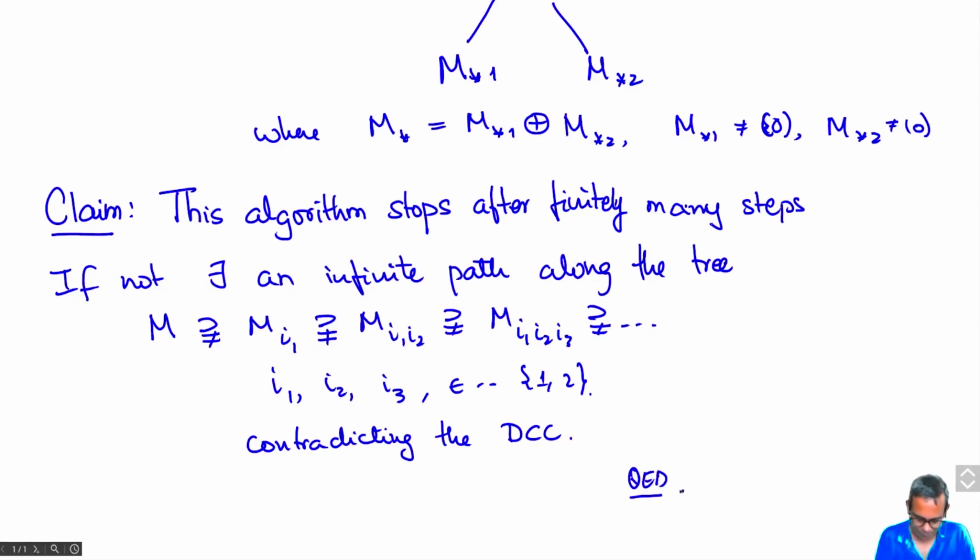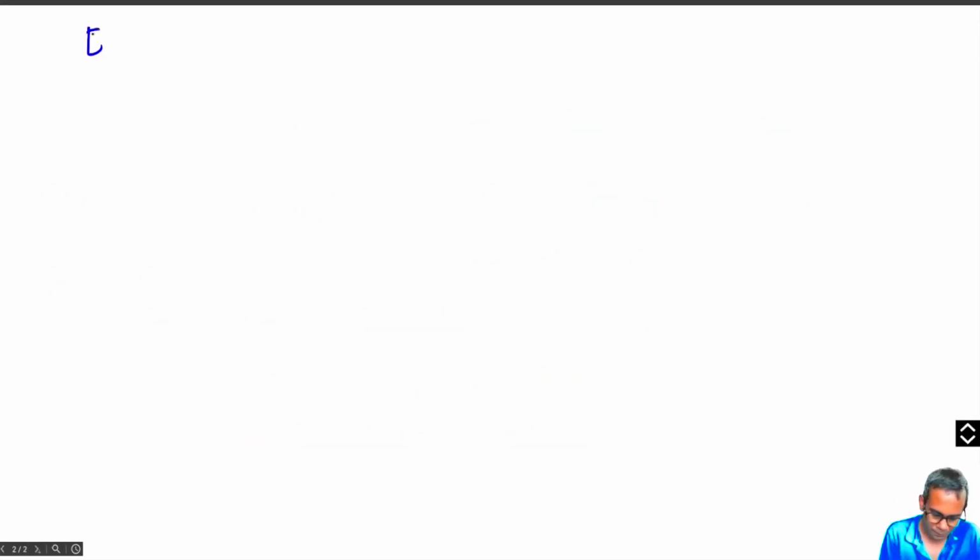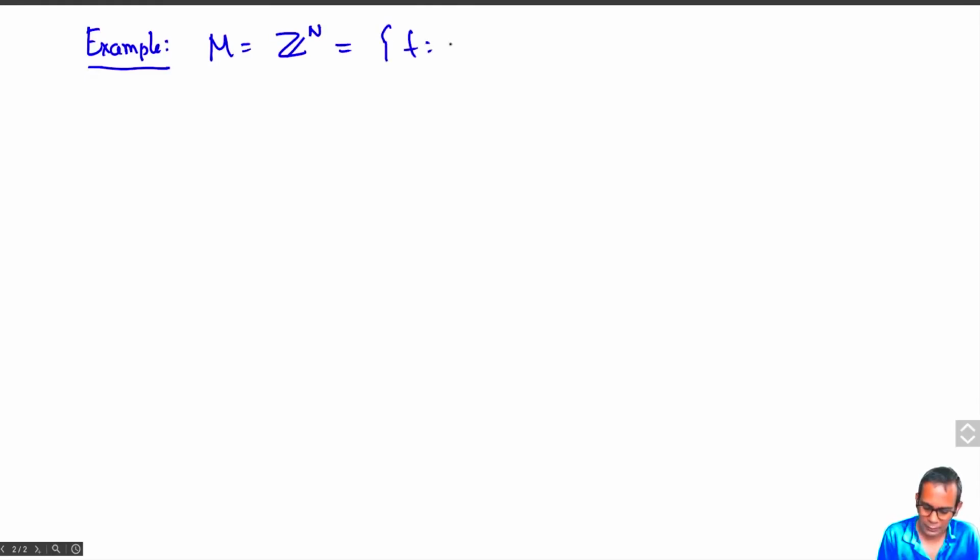Let's look at an example. So let's take M to be Z to the power N, which is nothing but the set of all functions from the natural numbers to integers, and we think of it as a Z module. Addition is just pointwise addition of functions, and multiplication of a function by an integer is also just multiplication of its values.